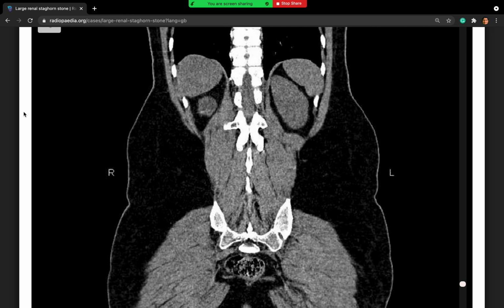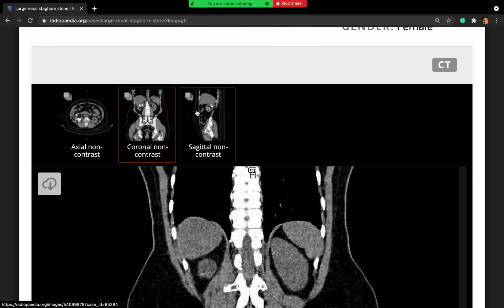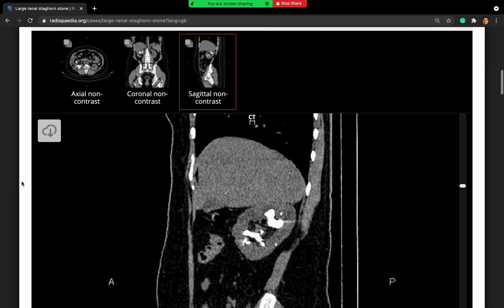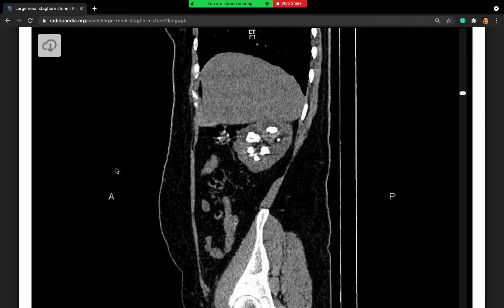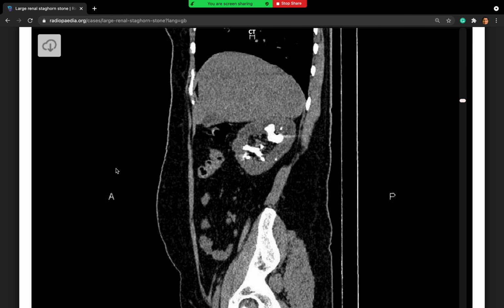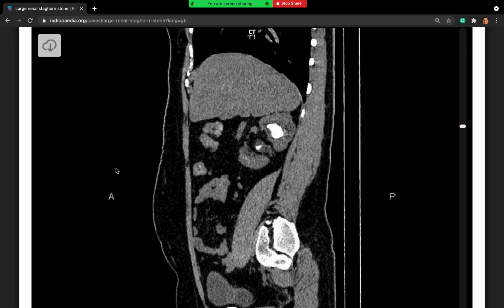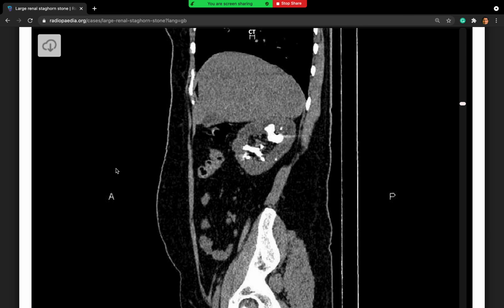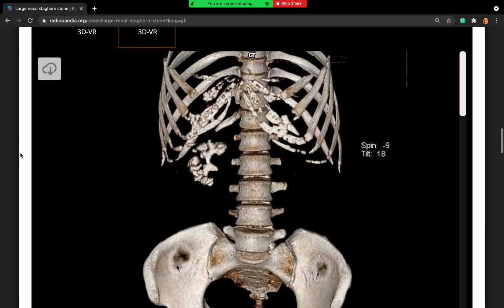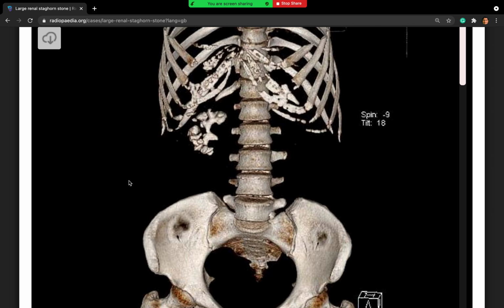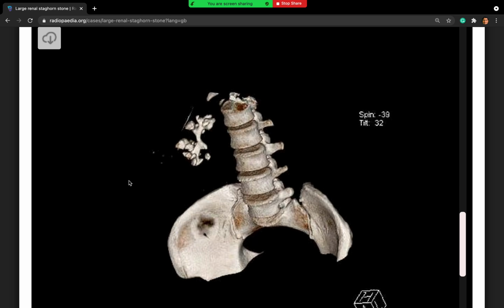So this is suggestive of a complete staghorn calculus on the right side with thinning of the parenchyma of the right kidney. So this is a sagittal section, renal stone filling the renal pelvis and almost all the calyces, and thinning of the renal parenchyma. Okay, so it's a reconstructed.